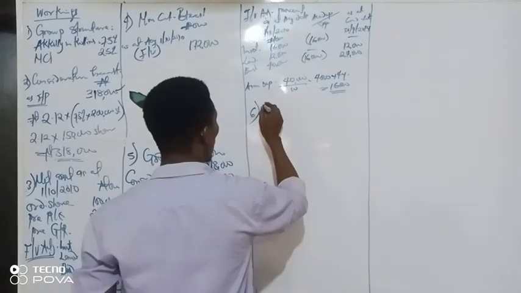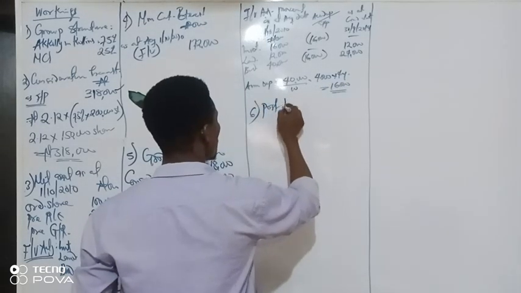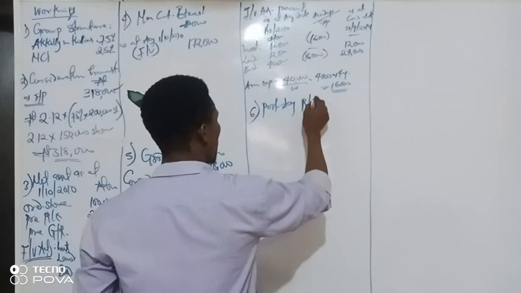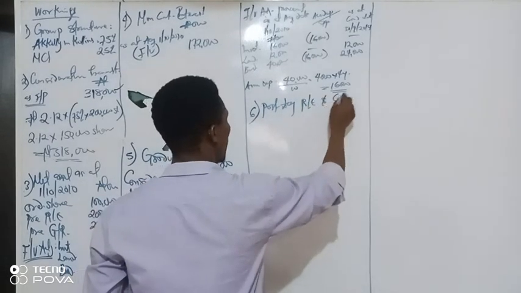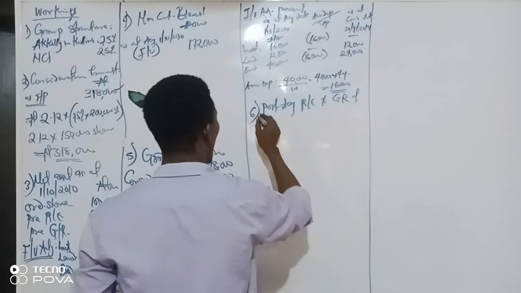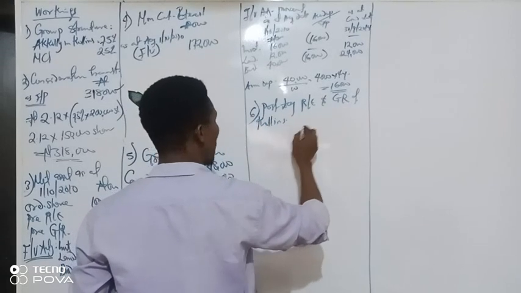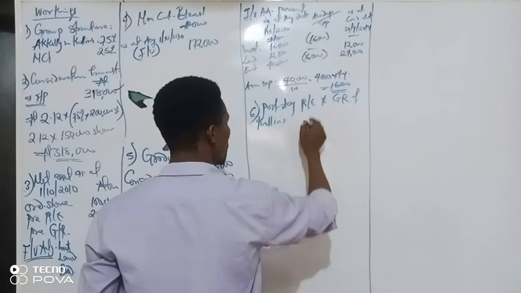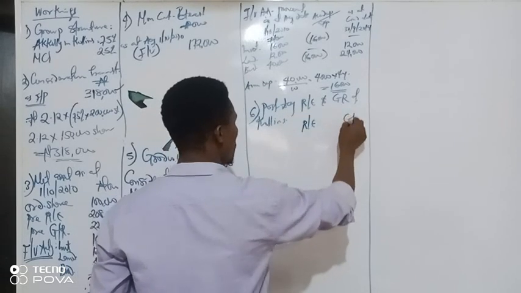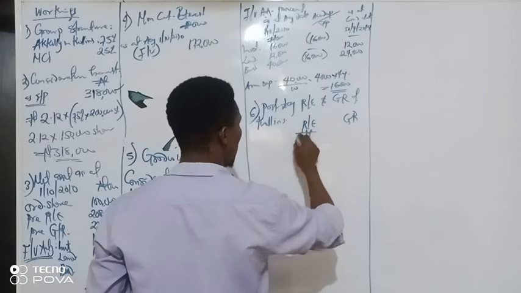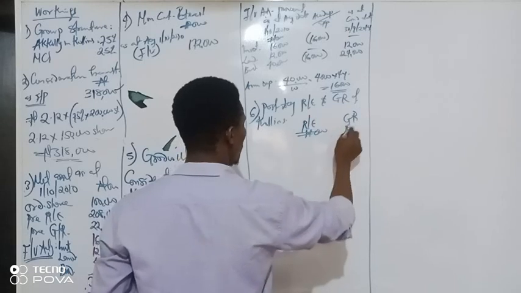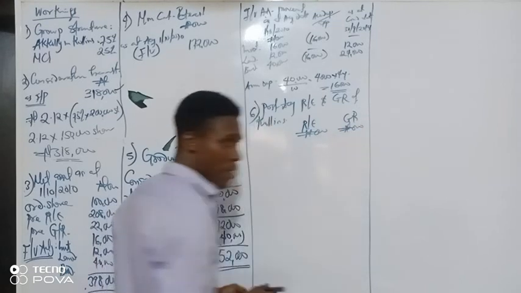Now, our post acquisition retained earnings and general reserve of college. So that will be retained earnings, general reserve. Let's go to our question now.